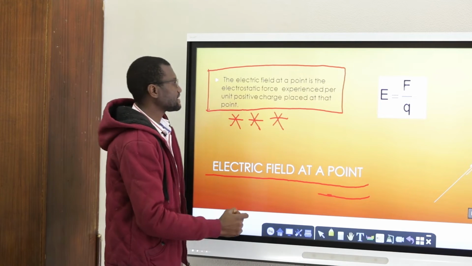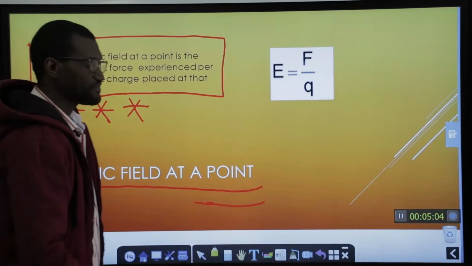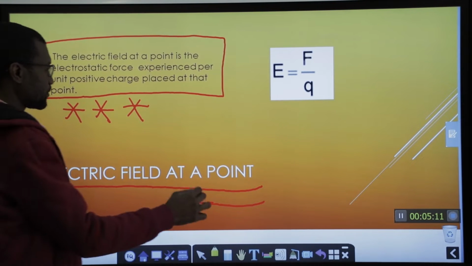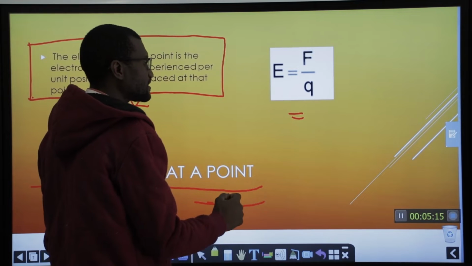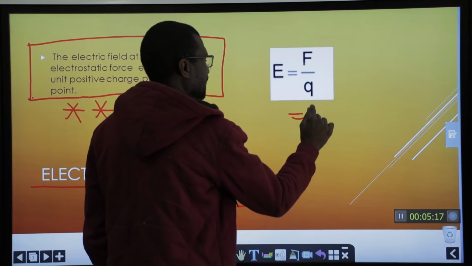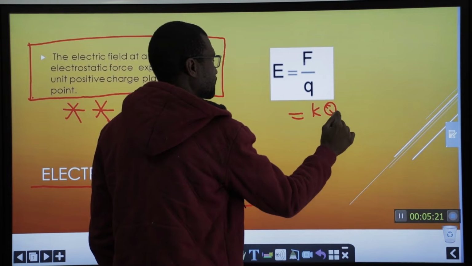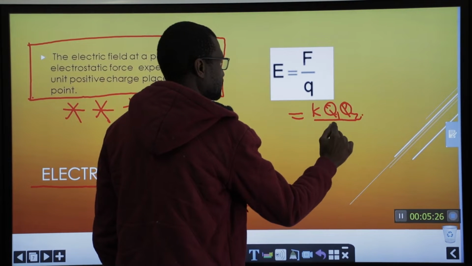Now, if you look at this electric field at a point, it's given the symbol E, alright? E is equal to F over Q. If you remember quite well, the value for F was K Q1 Q2 over r squared.